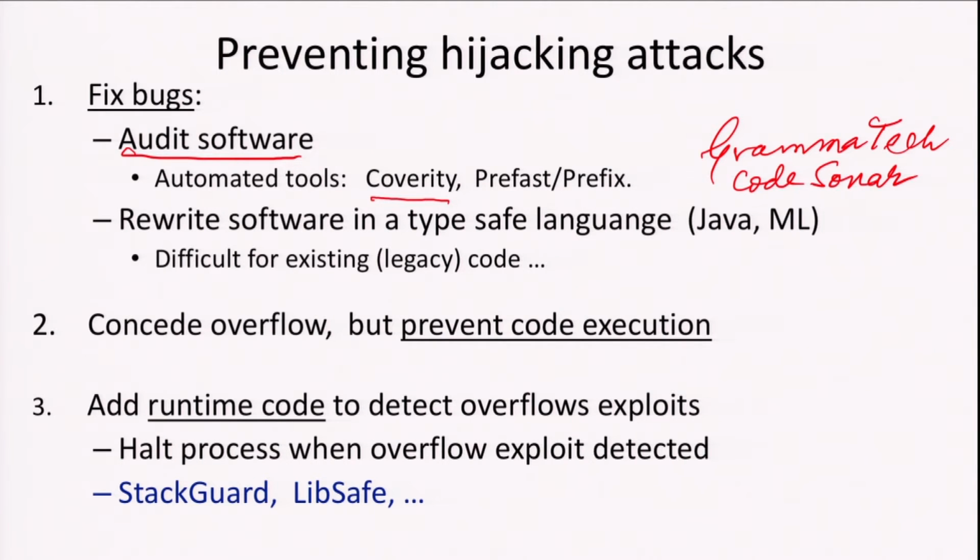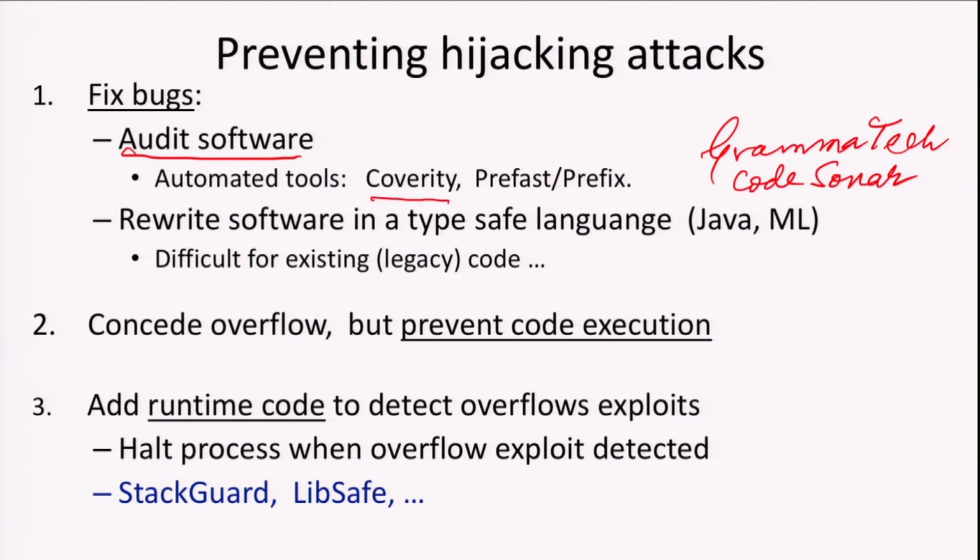Now most of the time these tools are not foolproof. They cannot find 100% of vulnerabilities of this kind. The reason is discovering these vulnerabilities is equivalent to finding reachability of a particular part of the program, and we know that for arbitrary programs reachability is undecidable.